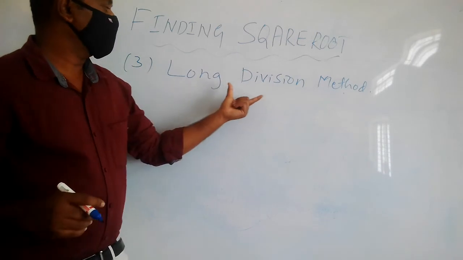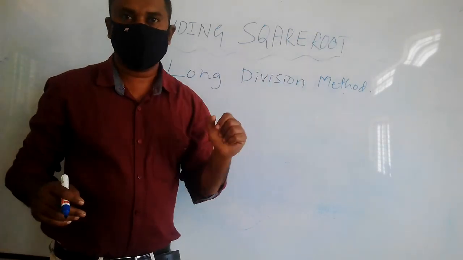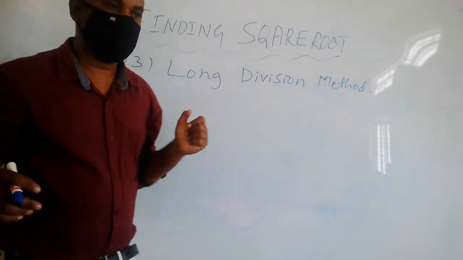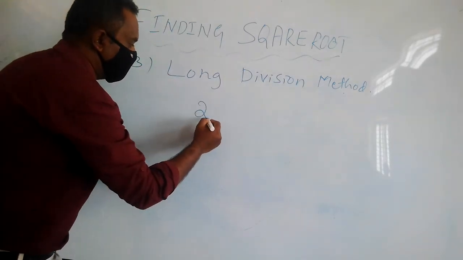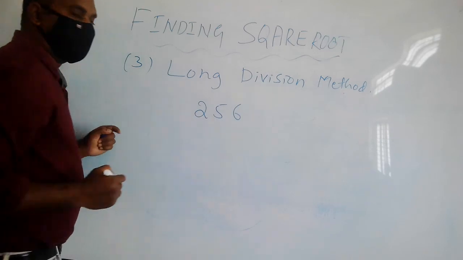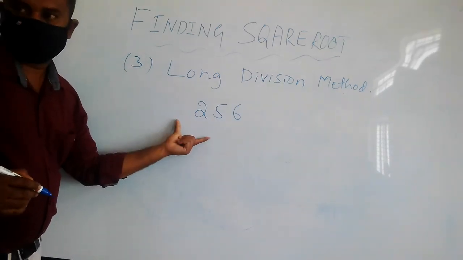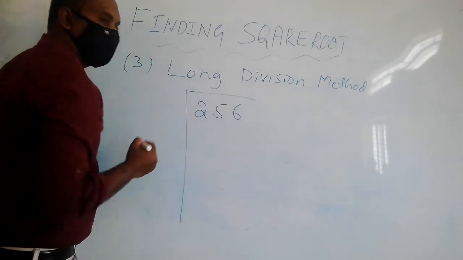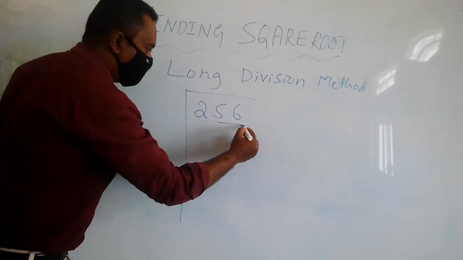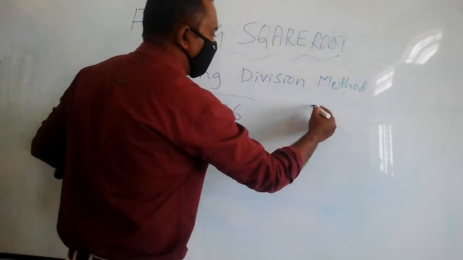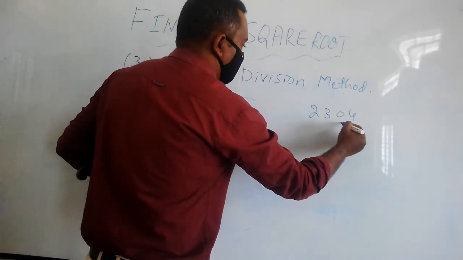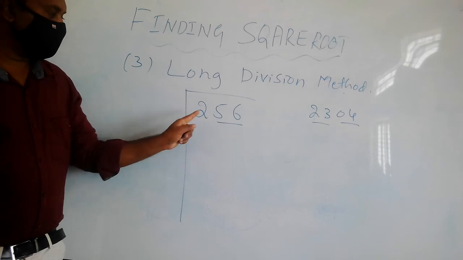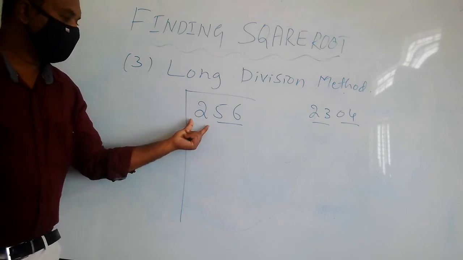So next one, the long division method. Finding the square root by the long division method. Okay. Take one number, 256. This is the square number of 16. So split the number like this. If it's a 4-digit number, split it in pairs, 2 digits each. Here 2 digits, only 1 remains. Okay. Now 2.